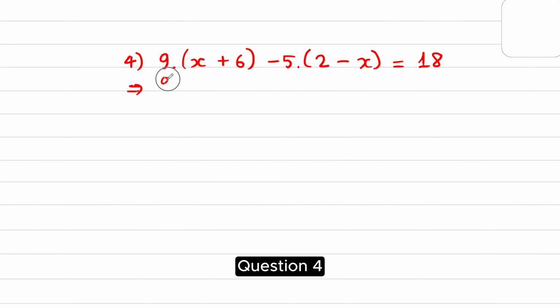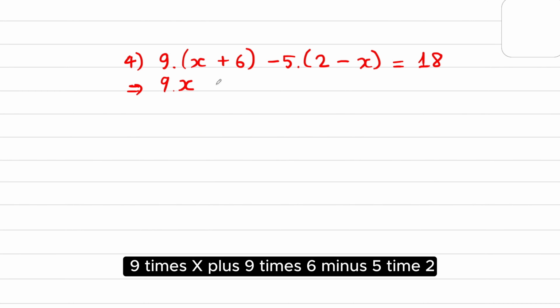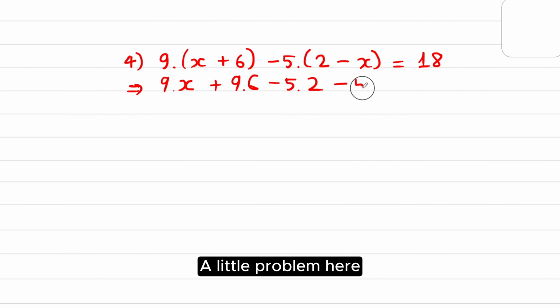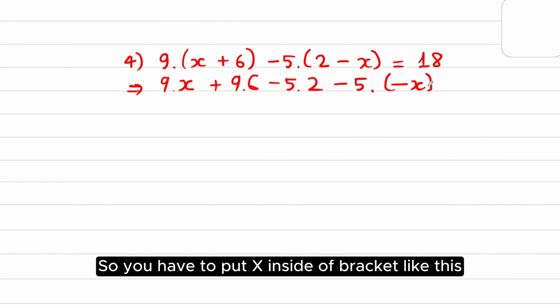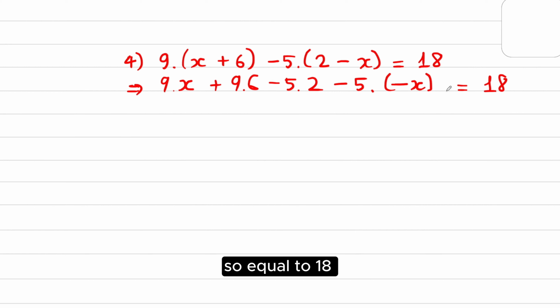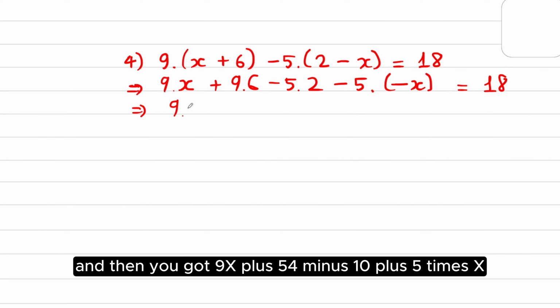Question 4. 9 times x plus 9 times 6 minus 5 times 2. Okay, a little problem here. Minus 5 times negative x. This is not x only, this is minus x, so you have to put it inside the bracket like this. So here is 18, and then you get 9x, 54 minus 10 plus 5 times x plus 5 times x.